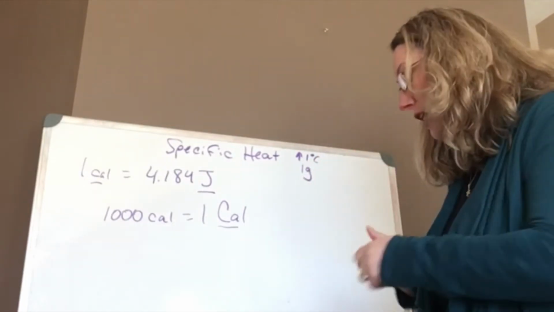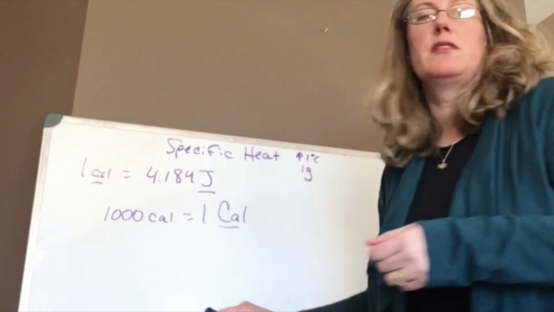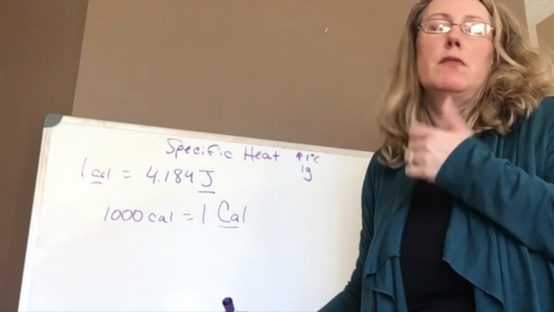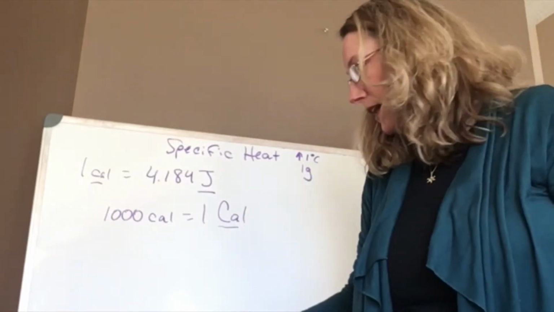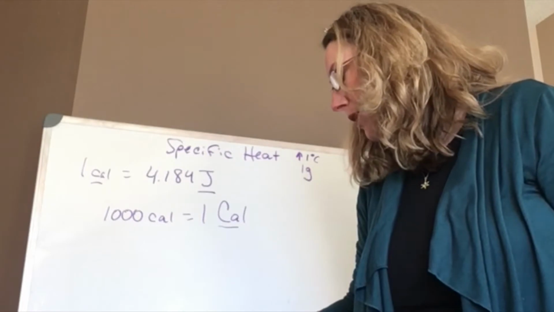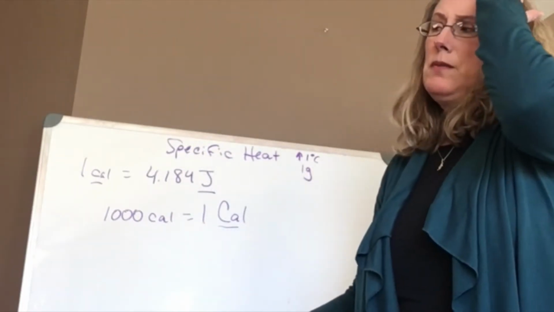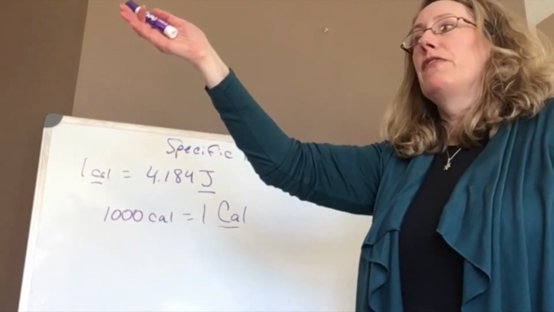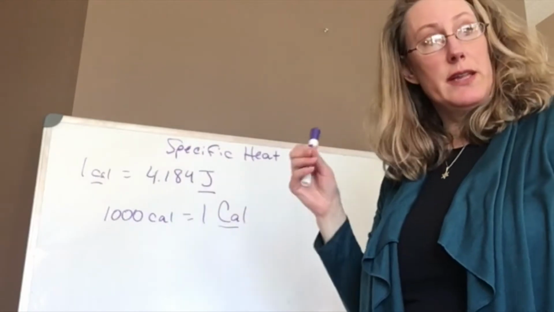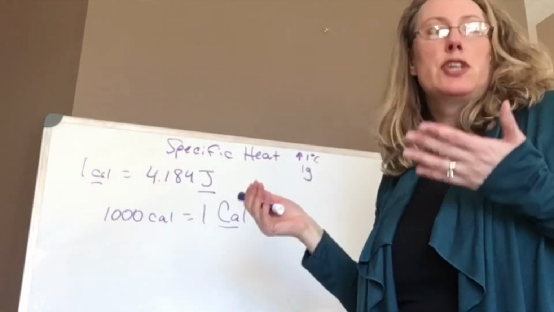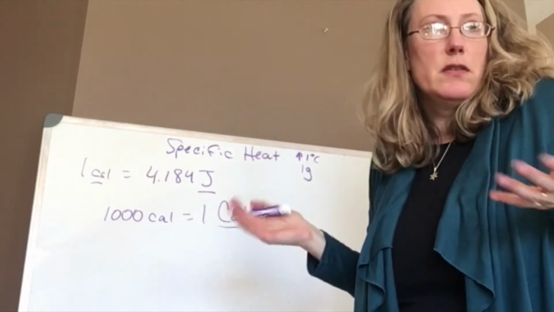And there are charts that measure the specific heat of things, so they have figured out the specific heat of pretty much every substance you'd ever want to know. So on table 2.1 it has copper, it has iron, it has glass, it has aluminum. Probably we're going to be figuring out the specific heat of the metal that we have. We're going to calculate that, and then we'd be able to look on a chart and see what that kind of metal is.